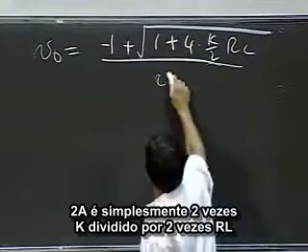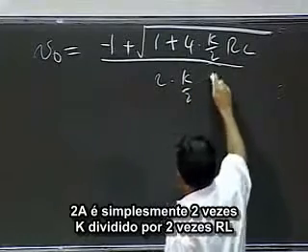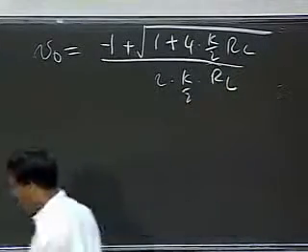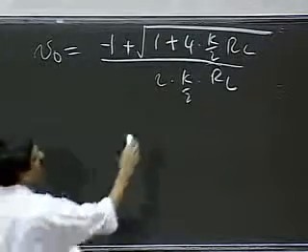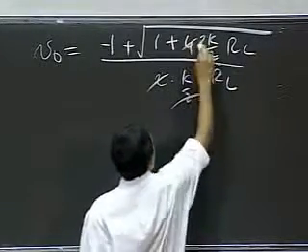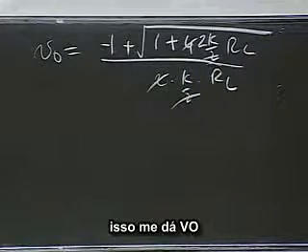And 2a is simply 2 times K divided by 2 RL. So that's what I get. That gives me V naught.